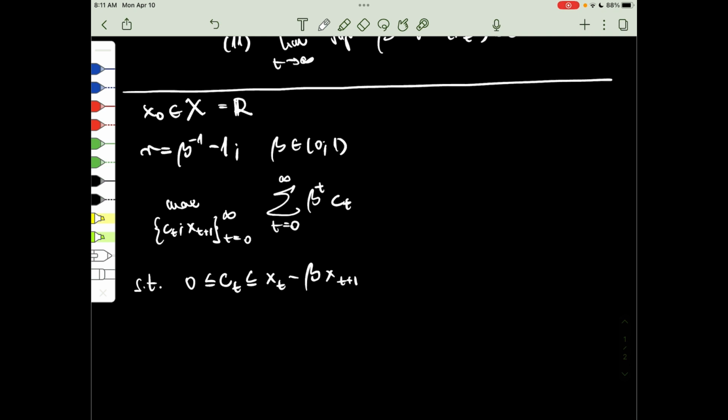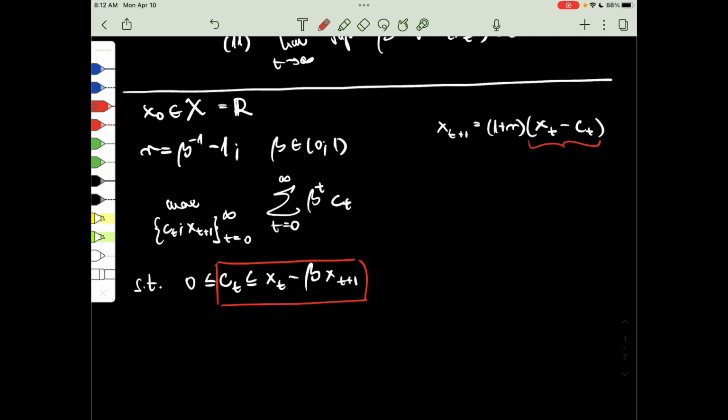So okay, just to be specific where it comes from, so it's a savings problem. So in period t, the consumer, the agent, decides on the savings.